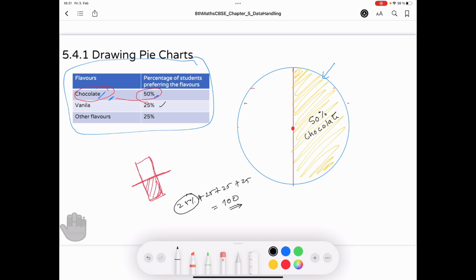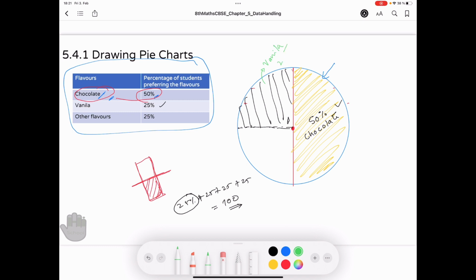This is 1/4 of a circle. That can be any side, but since this side is already covered by 50% chocolate, this remaining 25% we can put for vanilla, whatever is the color of vanilla.